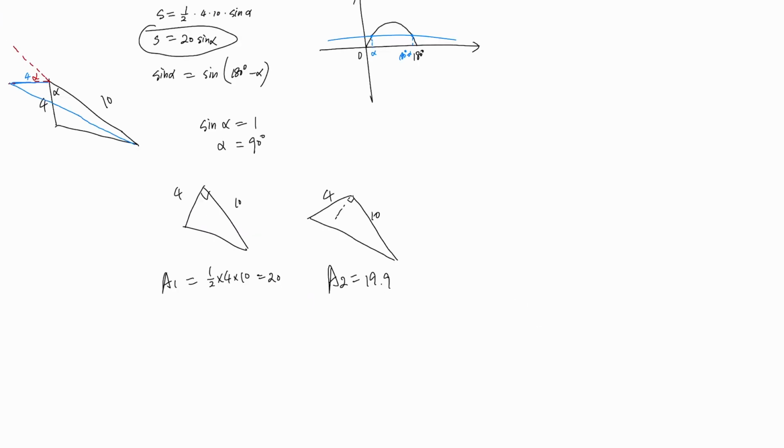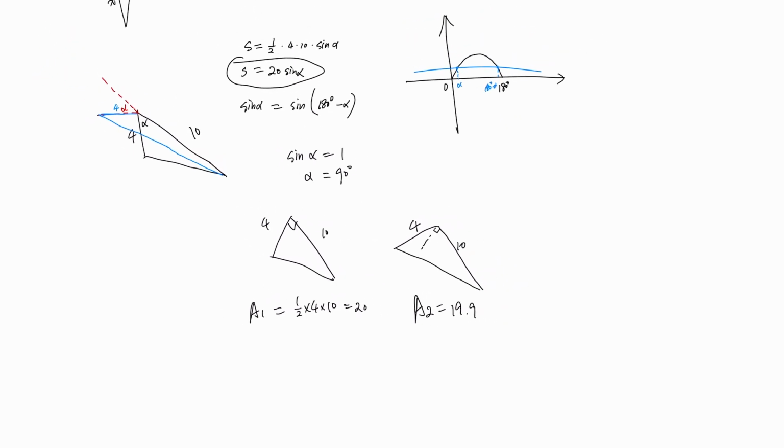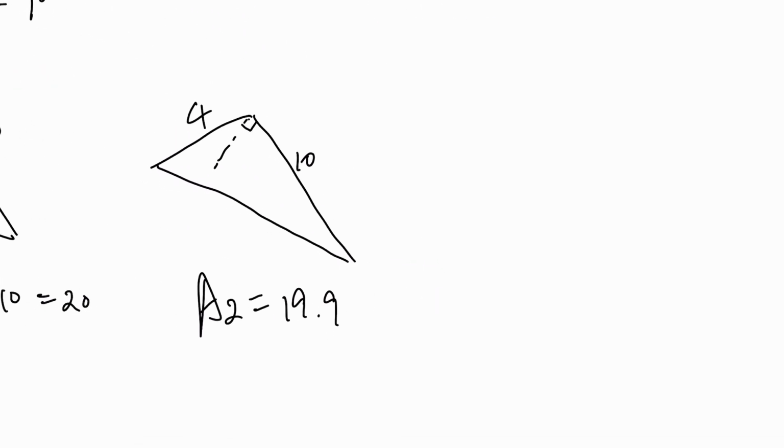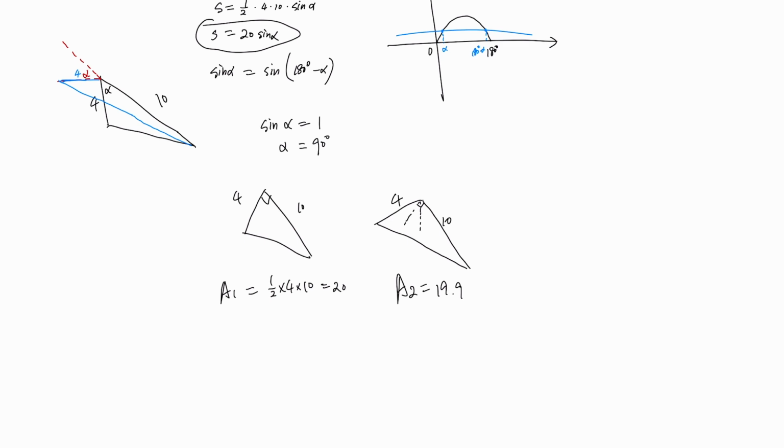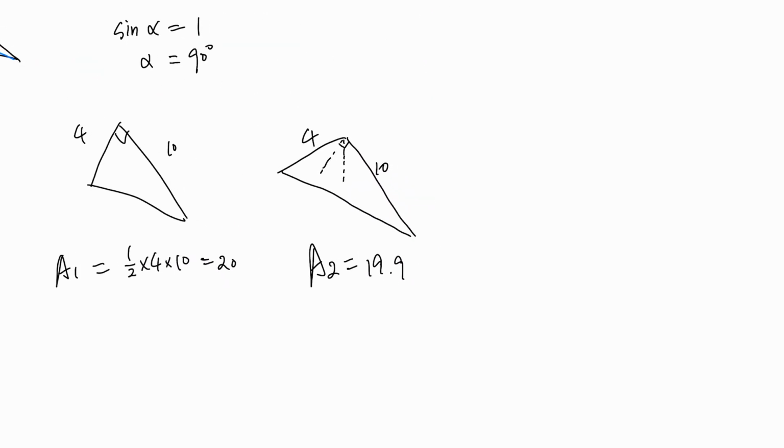Now, how do we make it so that there is only one possibility? Well, let's think about the case if we go back. The set tau only contains the triangle if the other one is obtuse.